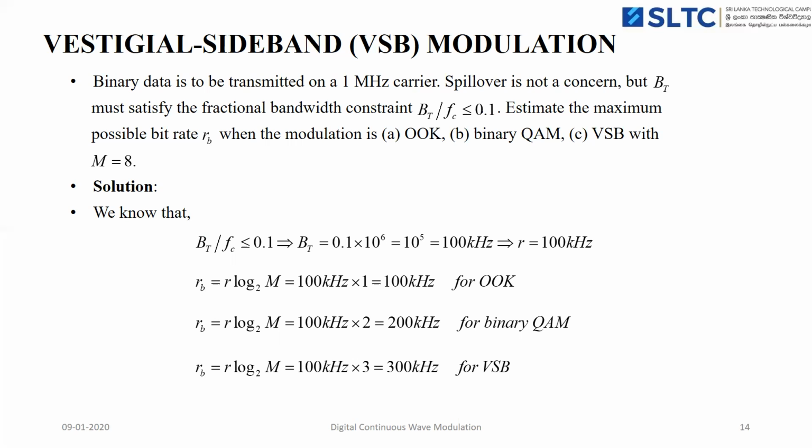So the question is we need to find the bitrate RB for the different types of modulation. We know BT by FC is less than or equal to 0.1, so from that we can find BT. BT equals FC times 0.1. The carrier frequency given in the problem is 1 megahertz, which is 10 power 6, so we get 10 power 5, equal to 100 kilohertz, the bandwidth for this modulation.